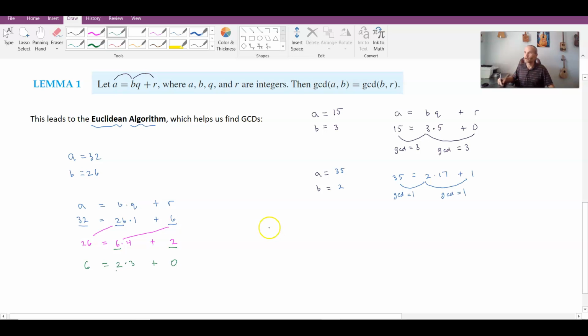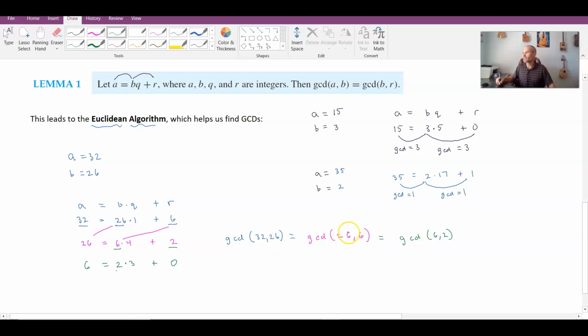Now if I stop here and I look at the equivalent statements, we've basically said that the GCD between 32 and 26 is equal to the GCD between 26 and 6, which, because 26 and 6 have the same GCD as 6 and 2, is the same as the GCD between 6 and 2.